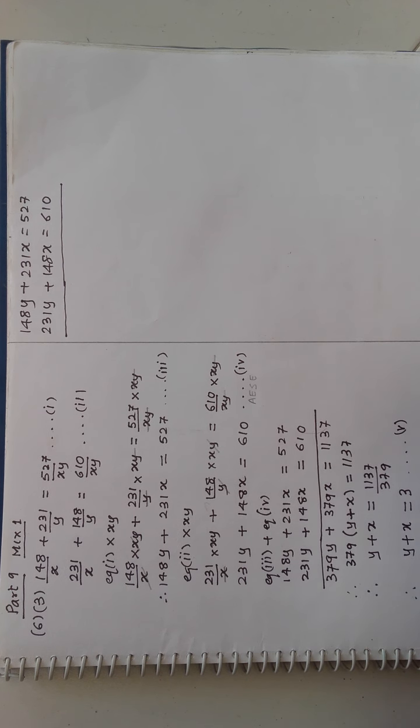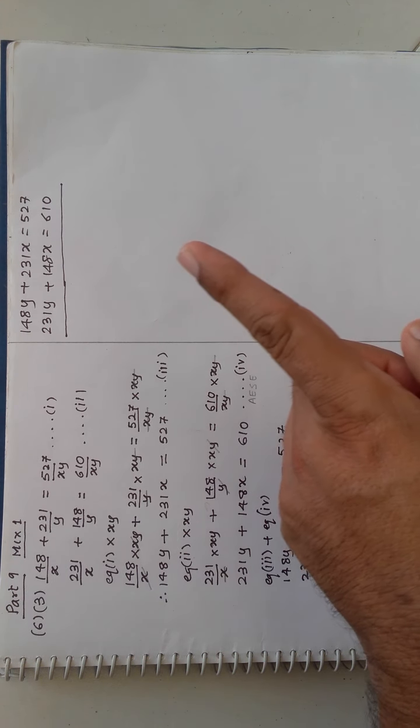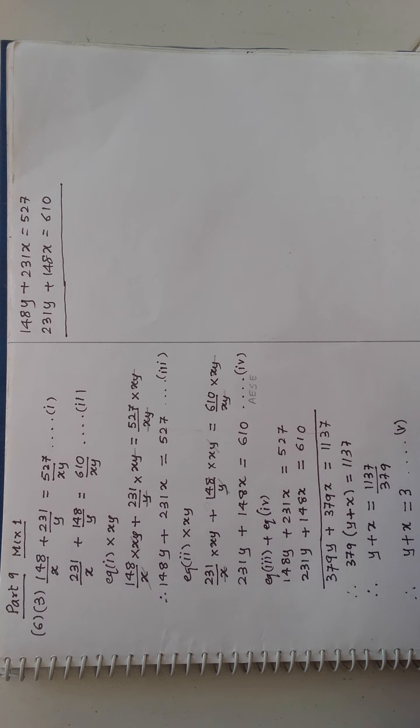Now equation number 3 and equation number 4 I have written: line 1, line 2, space for line 3, and then line 4. Since I am going to subtract them, the sign of the second equation needs to change. You can write it horizontally and check also. So the sign of the second equation will change.